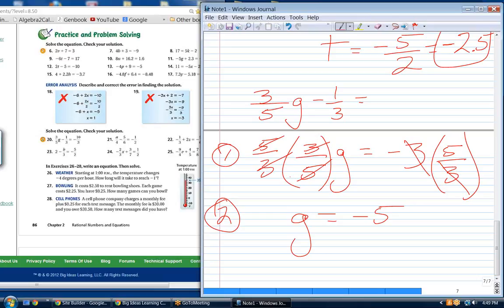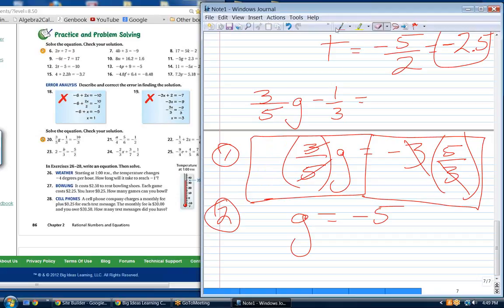So it's okay to take this step as a shortcut as long as you always do it correctly. In other words, only take shortcuts if you don't make mistakes. A lot of people will make the mistake of multiplying both sides by 3/5, like that. Well, if you do that very often, then don't do that.